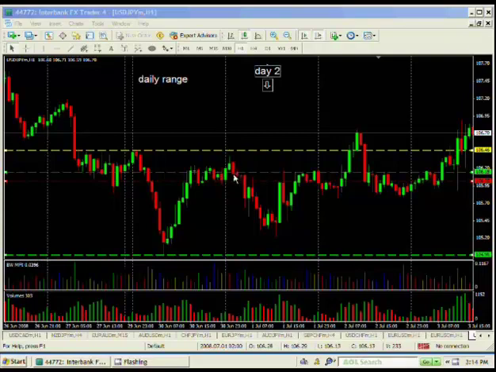And what we get is a breakdown below support on a weak bar according to your Archimedes principles. It's a weak bar because we closed down below opening support, and we have operator participation. So even though we have lower volume, we have operator participation, as we talked about in the Archimedes principle.